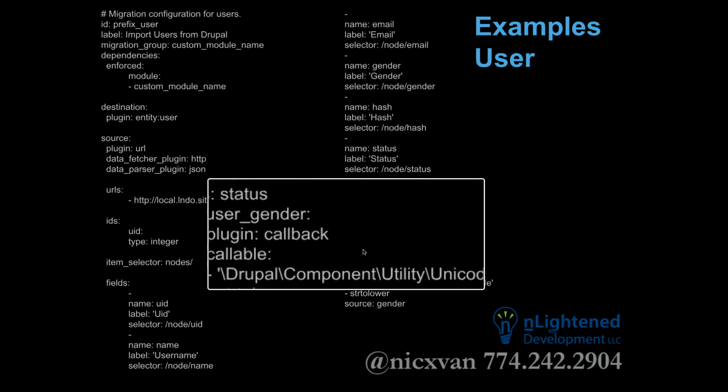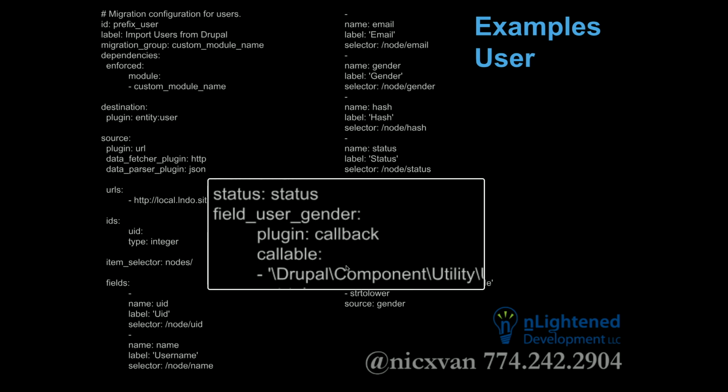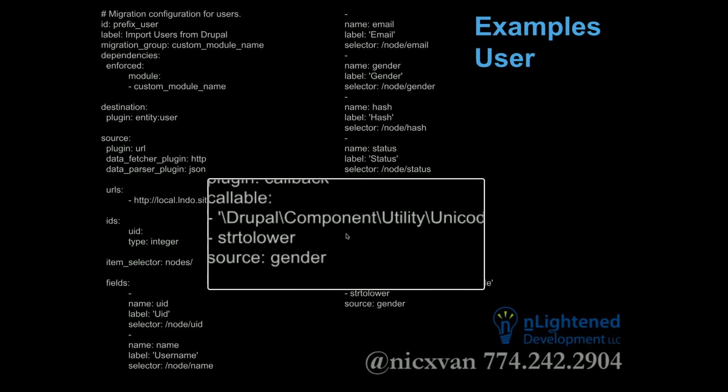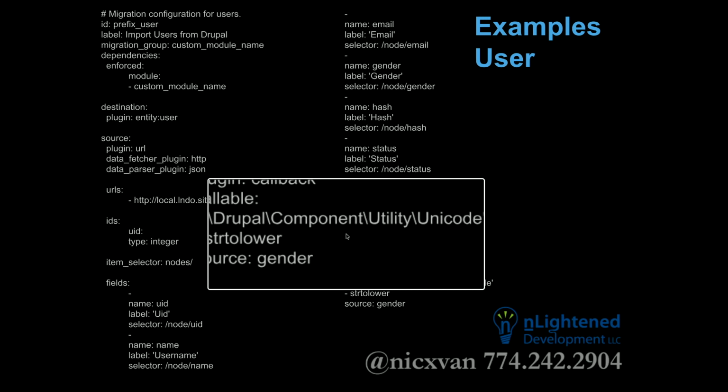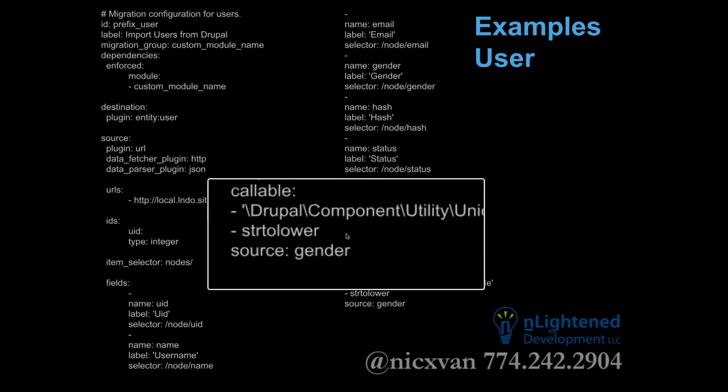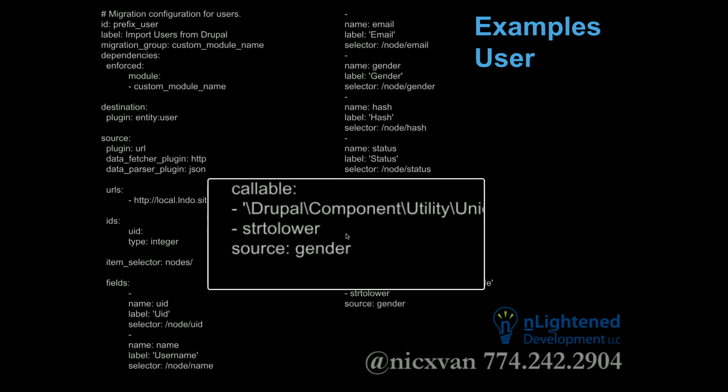And so you can also just use the callback plugin, and then you can call pretty much any Drupal method that's available. So you can just call the Unicode string to lower on that field, and it will enforce lowercase. And so pretty much anything that's available in Drupal, if you need to run a function, you can grab it like this, and it's pretty nice.